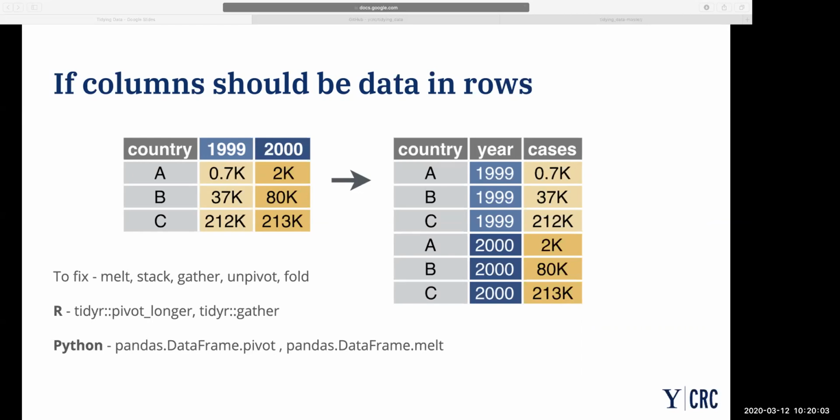And in Python, you can use the pandas pivot function to actually unpivot things, and you can use the melt function to do this as well.